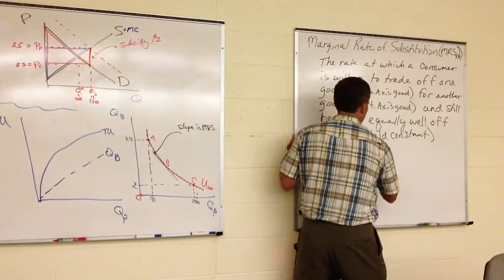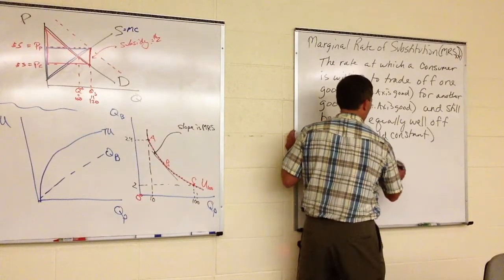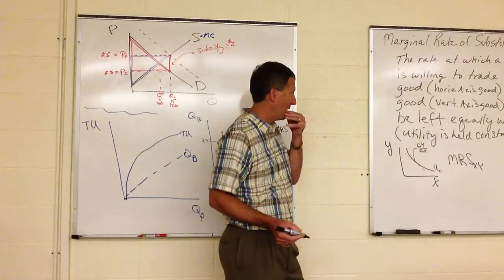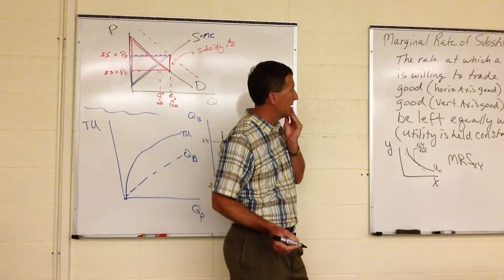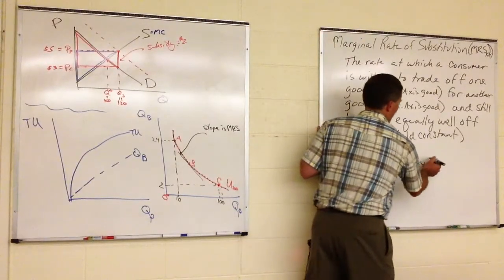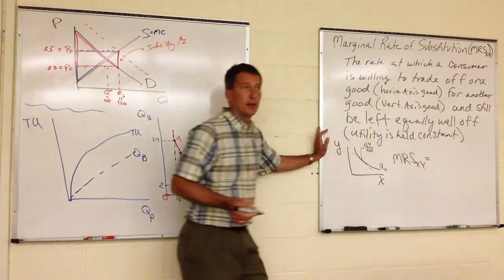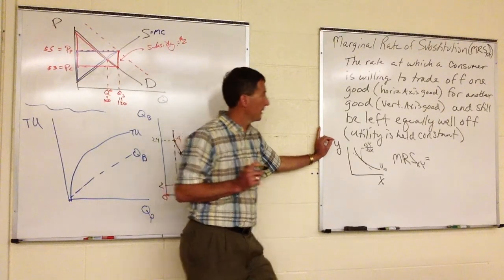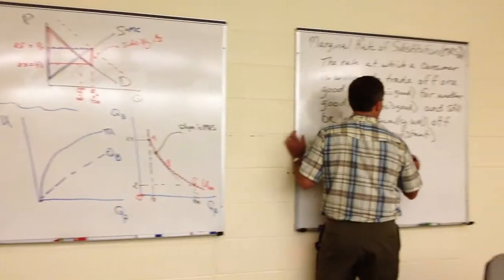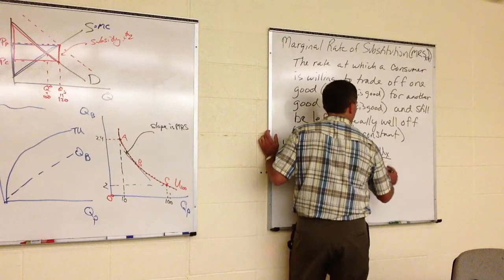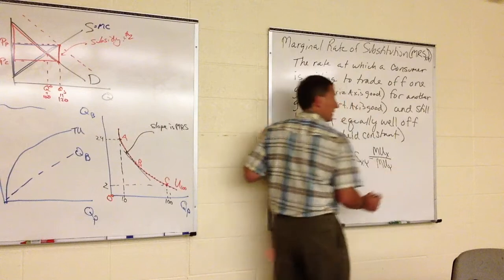So the marginal rate of substitution of good x for y ends up being related to utility at the margin. And it's the marginal utility of good x over the marginal utility of good y.